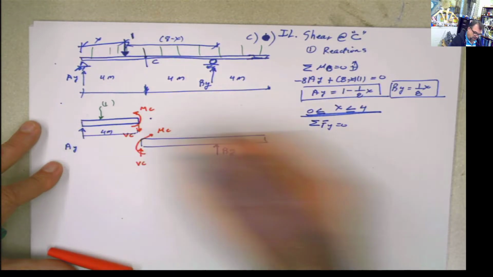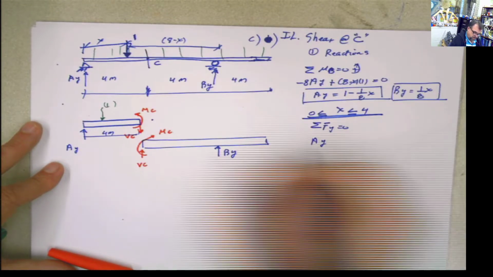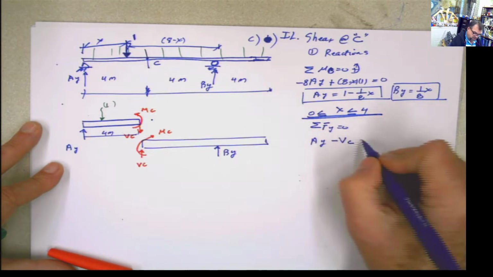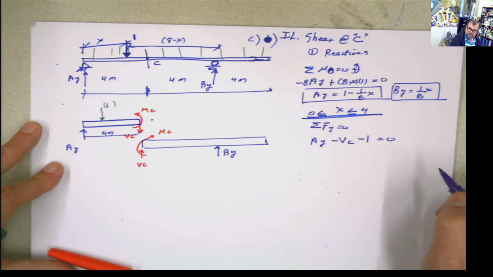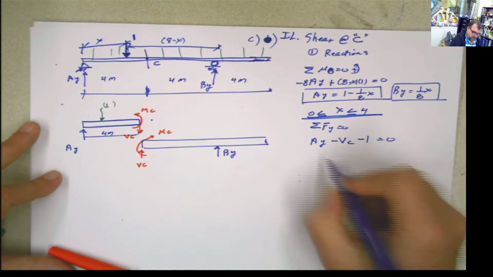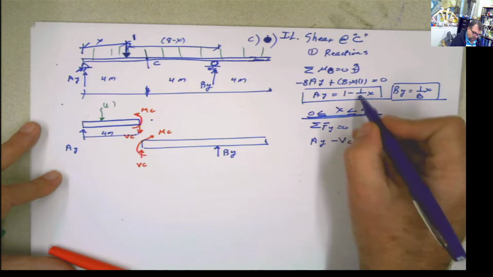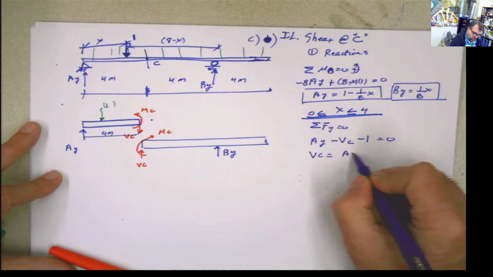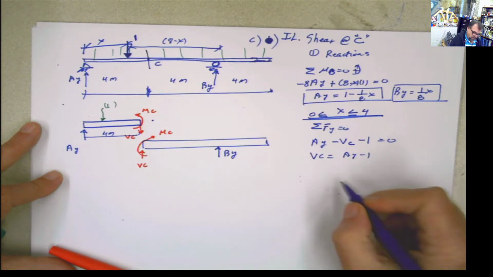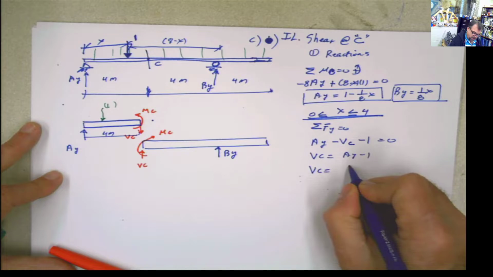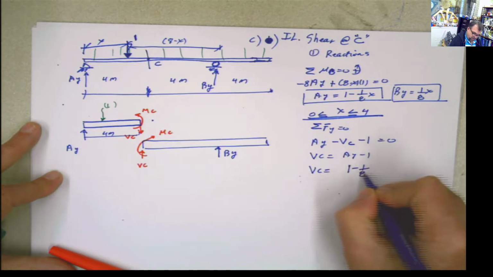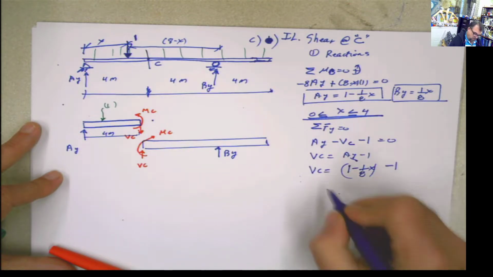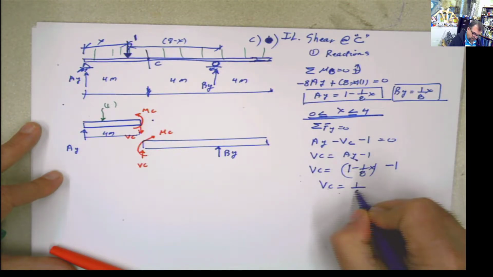So you have AY minus VC minus 1 equals 0. And then if you know AY is that over there, you can say VC is equal to AY minus 1, or you can say VC equals 1 minus 1/8 of x minus 1, or VC equals negative 1/8 of x.